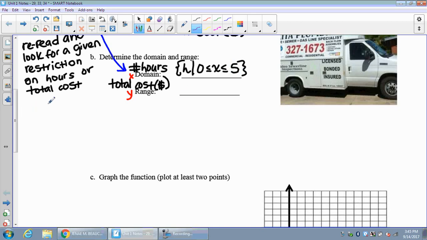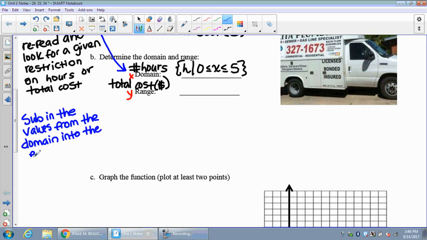So next, we are going to sub in the values from the domain into the equation to calculate values for the range.